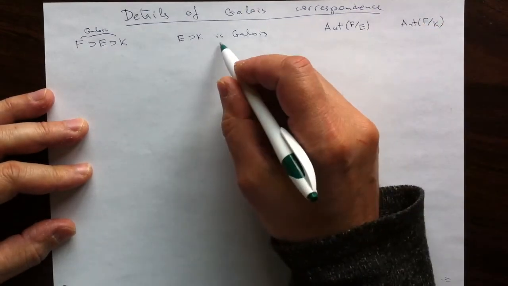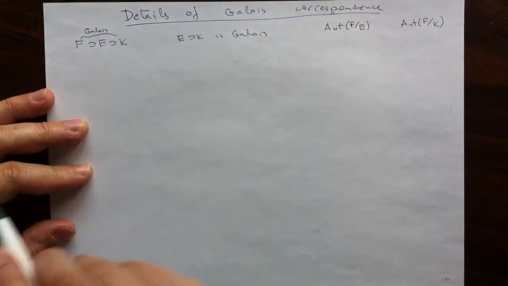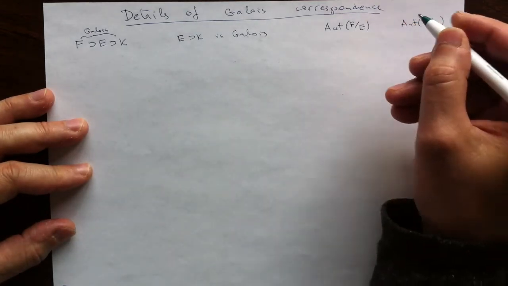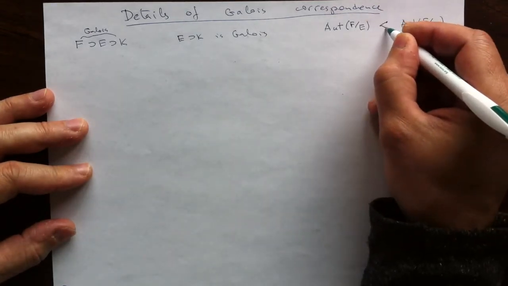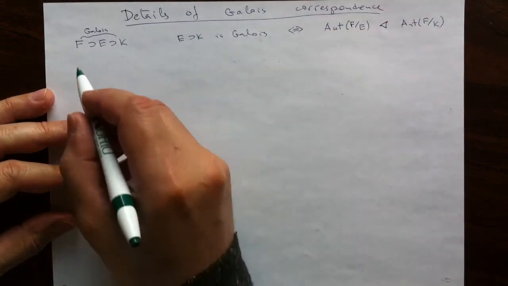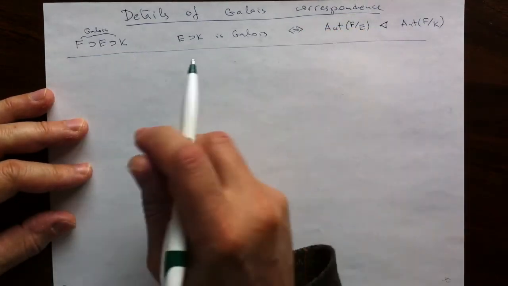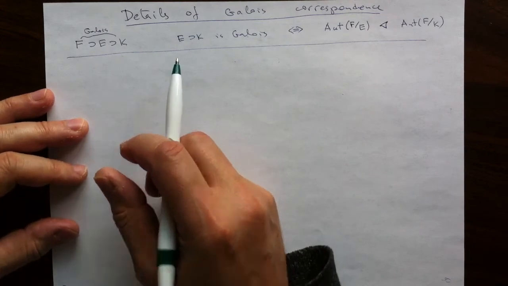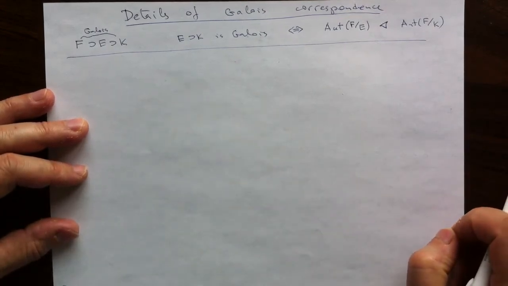So the characterization of that extension being Galois is in terms of the subgroup, and it is simply for that subgroup to be normal. So that's what I'm going to argue for. That is a statement, and the argument is going to be rather long.